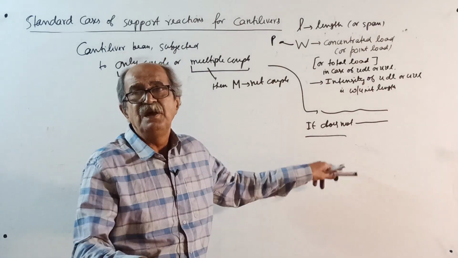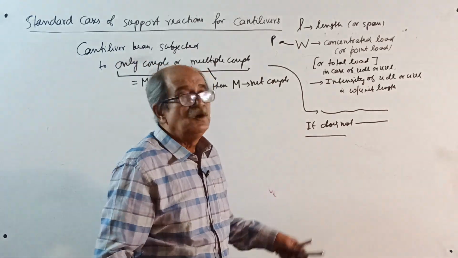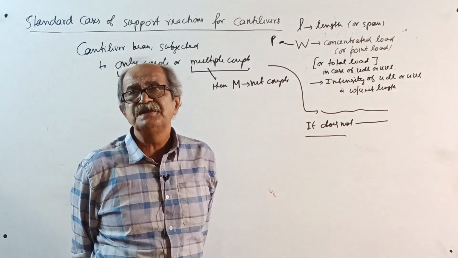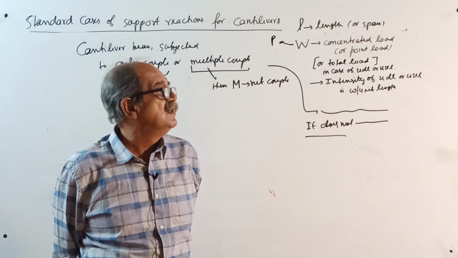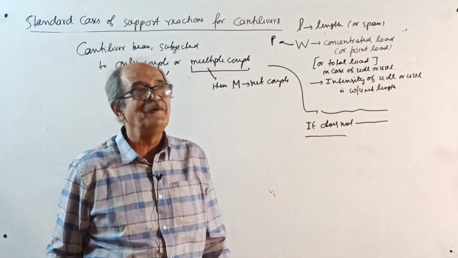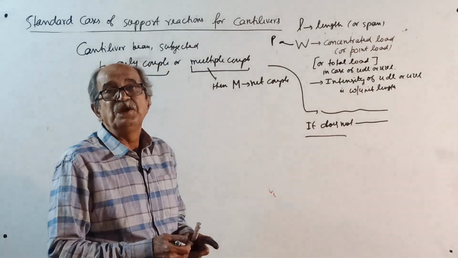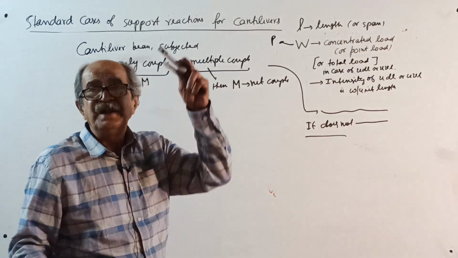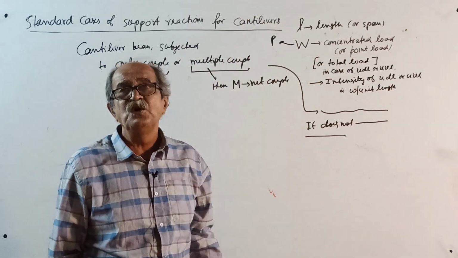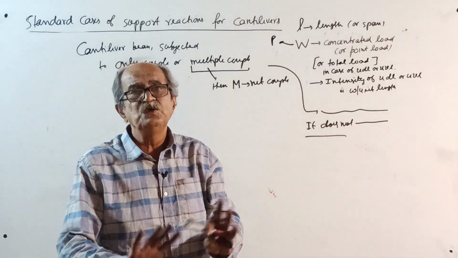For SFD, BMD, or for deflection or bending stress chapters, the cantilever is a statically determinate case, so no question of indeterminate. Then it matters. In that case, for SFD and BMD, you should know where the couple is. But when you find reactions, you need not bother.